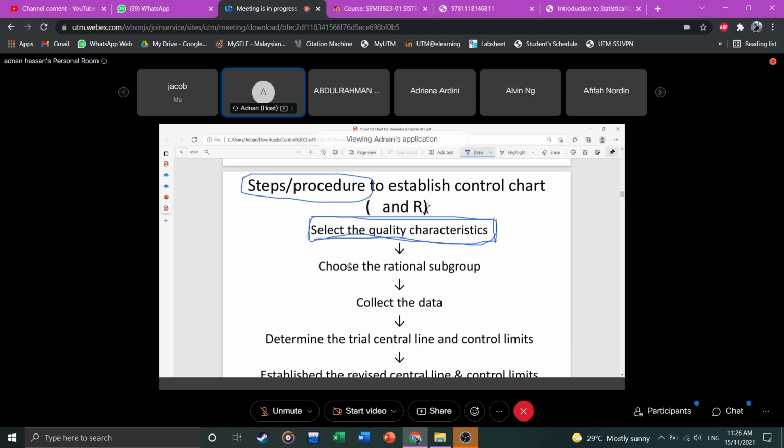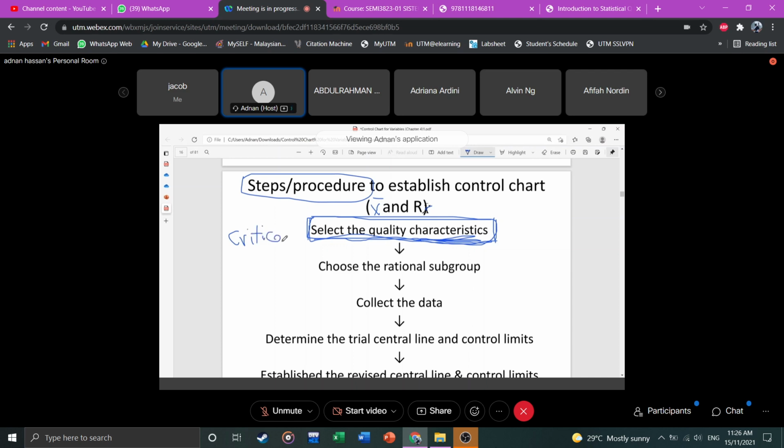If you are dealing with an electrical component, it could be resistance or current, anything that can be measured. Especially when we establish X bar and R chart, we need to define which characteristic we are measuring. In a piece of product there will be many characteristics, so we choose only the critical one. Which parts are critical?